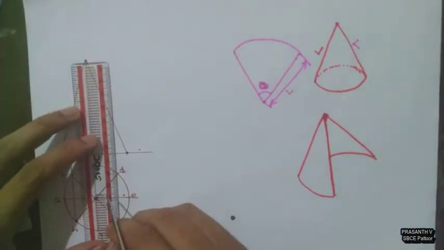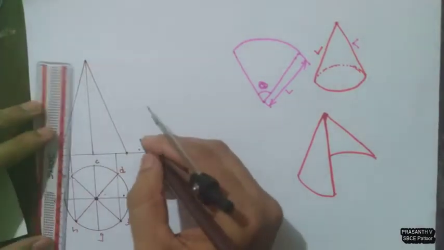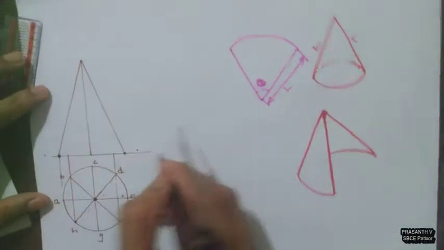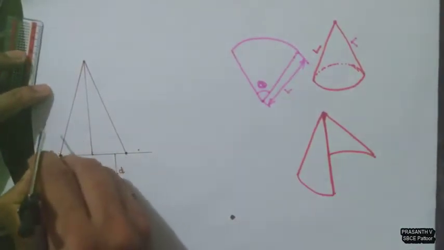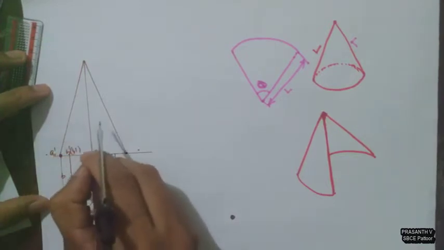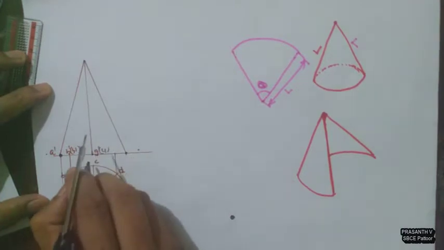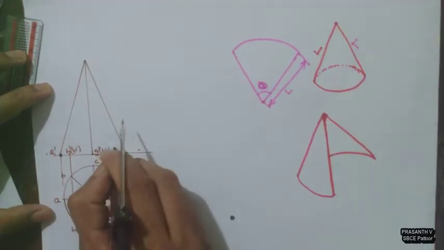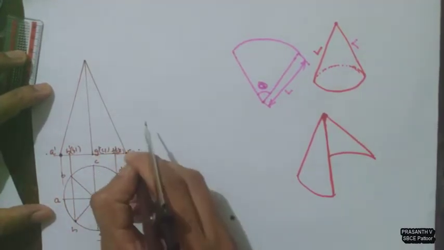Now give the names in the front view also. This is A dash, this is H dash B dash, this point is G dash C dash, here it is F dash D dash, and this is E dash.